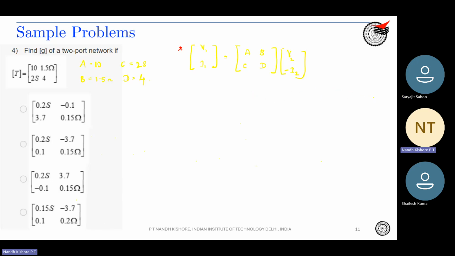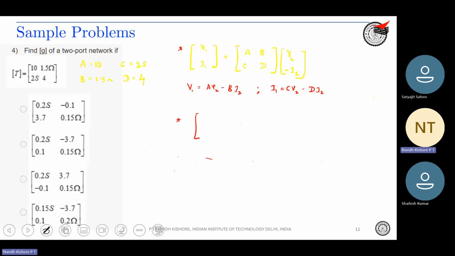Okay, so V1 is equal to AV2 minus BI2, and I1 is equal to CV2 minus DI2. Okay, so this is on one side. On the other end, you have to convert it into G parameters.